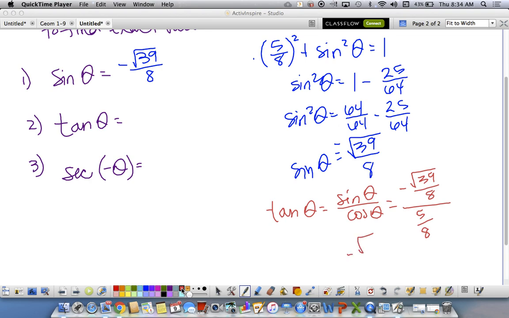So we have negative square root of 39 over 8 times 8/5. All of our 8s will reduce. And it's already given to us. It's negative. We know in the fourth quadrant that tangent's going to be negative, but it gives it to us right here. Negative square root of 39 over, not 8, over 5. If you had done the Pythagorean identity, it would have worked as well.